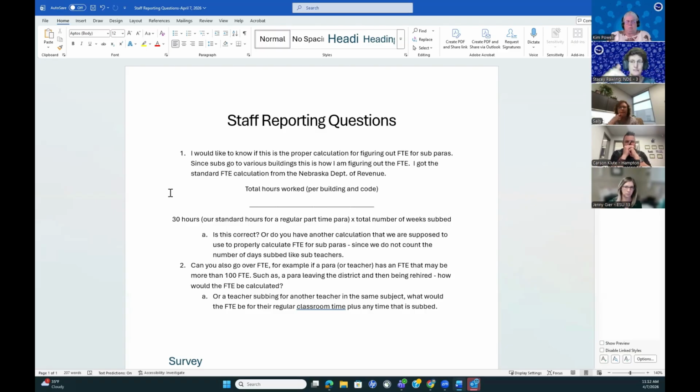Maybe they'll have like a 5 FTE here and a 10 FTE here and a 7 FTE here. That is okay. You can have several of them, because we want to know the story of that para, where she's at and where she's spending her time. So I'm not going to give you a calculation. I'm going to tell you it's a percentage of her time. The total percentage when you get done adding all these lines is going to be 100.